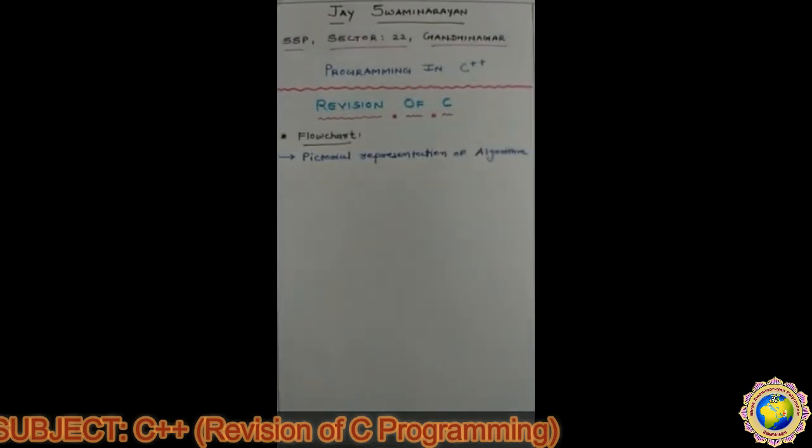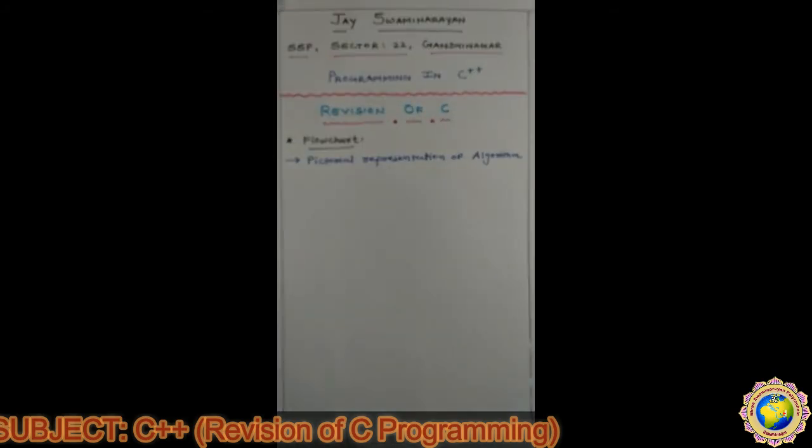As you know, we use a flow chart with different kinds of symbols to implement the program.